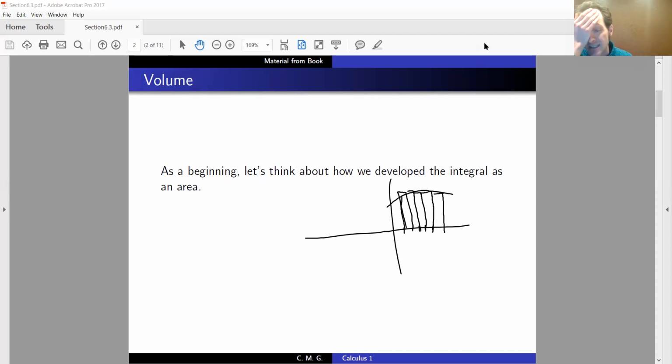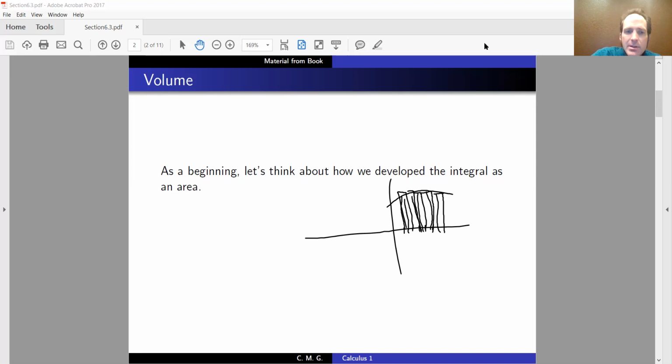And so what I do is I say, oh, well, I can find the area of that rectangle. And then the smaller those regions are that I break this into, the better the estimate is of this area. If I take the small width that I've got for each of these rectangles, and I take that width to 0, what I actually end up getting is the area underneath the curve.